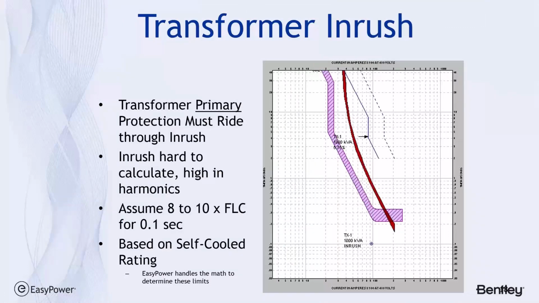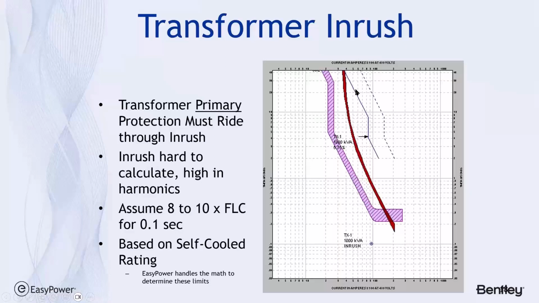So when you're using fuses for transformer protection on the primary side, you need to be able to ride through inrush specifically. As we discussed last week, these two parallel lines represent the transformer damage curves. The dotted line is a 100% damage curve.